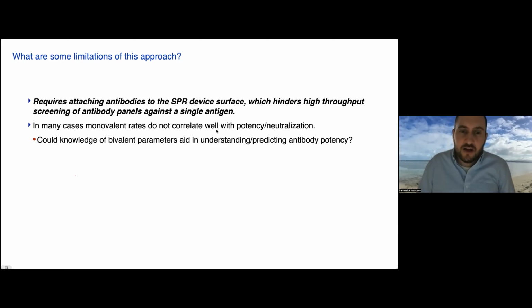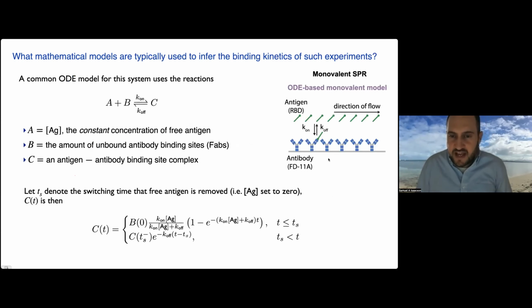Another issue is more experimental, which is that the way the monovalent experiment was done, we put the antibodies on the surface and we flow over the antigen. And this is the hardest part of the experiment, getting things attached to the surface. What the experimentalists would like to do is pick one antigen and test many antibodies against it to compare how well they do at binding to it.